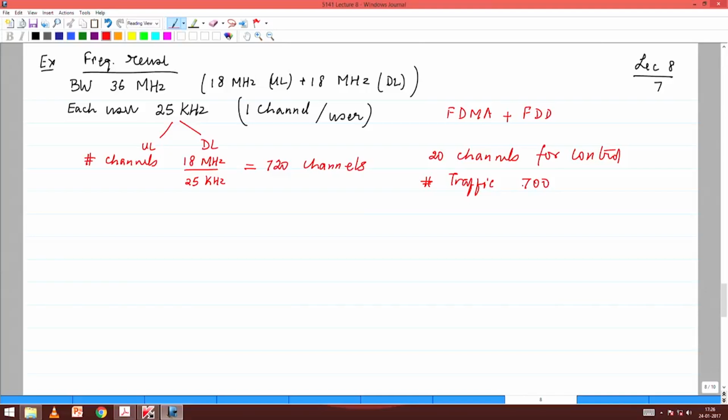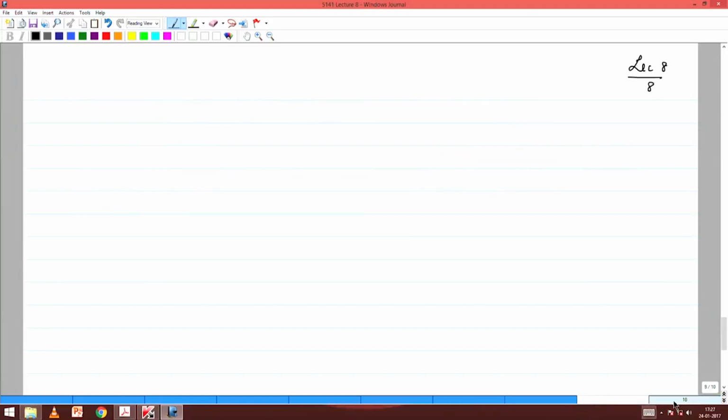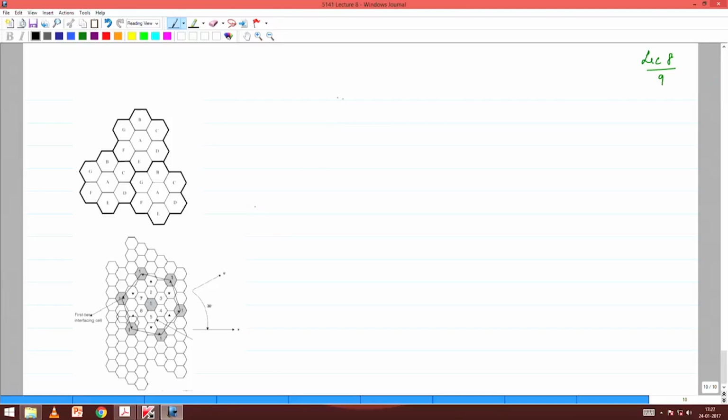Now I want to use a 7-cell pattern, and let me show you how to visualize a 7-cell pattern. Let me see if I have a figure that will make it easier. Okay, just think of one cluster alone.